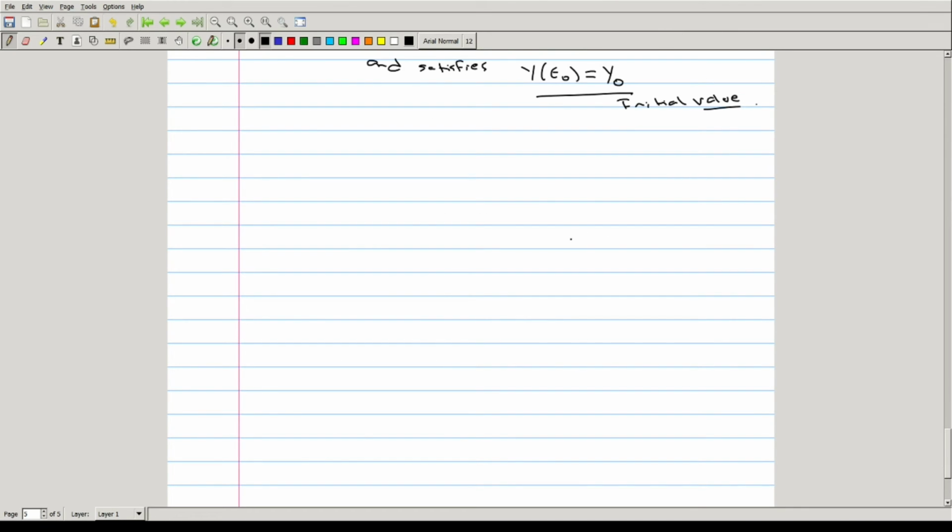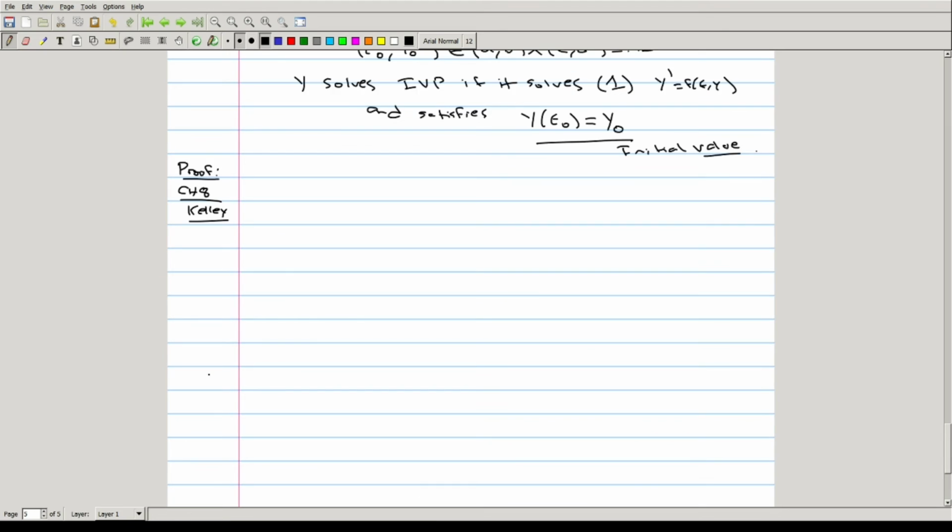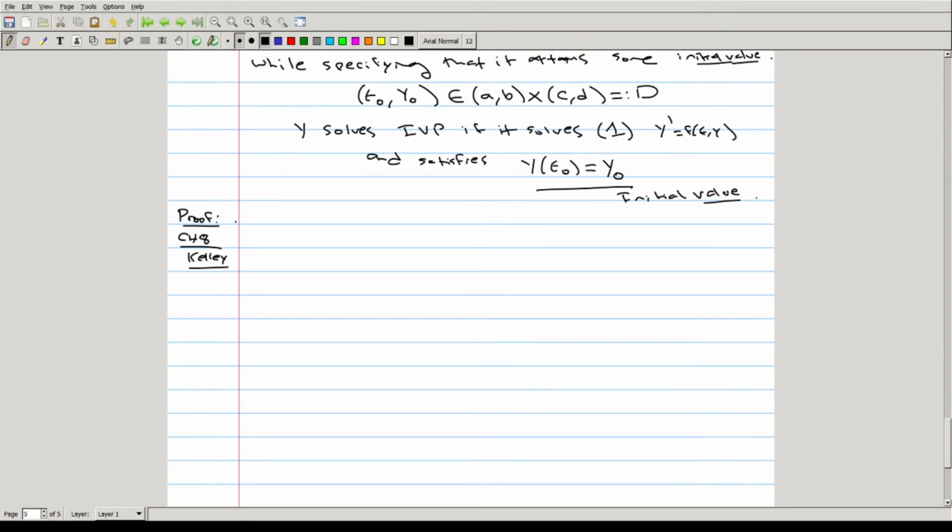So the first big theorem that we have is proved in the book, but it's not proved until chapter 8. If you want to see this, you can jump ahead, but we won't be going over this in the class because this would be a different class where you would discuss this and learn about the proof of this theorem. But it is important to write down just to get an idea of what we're working with for the mathematical theory of initial value problems in general.